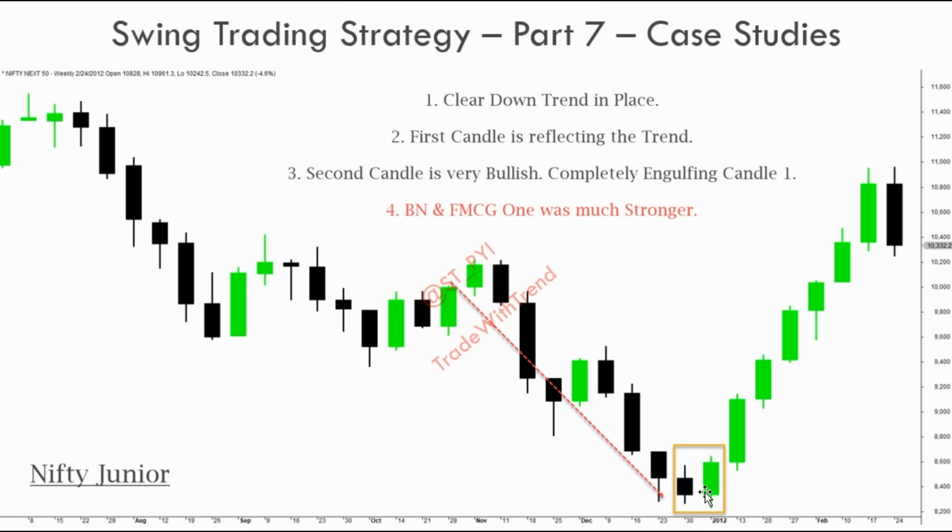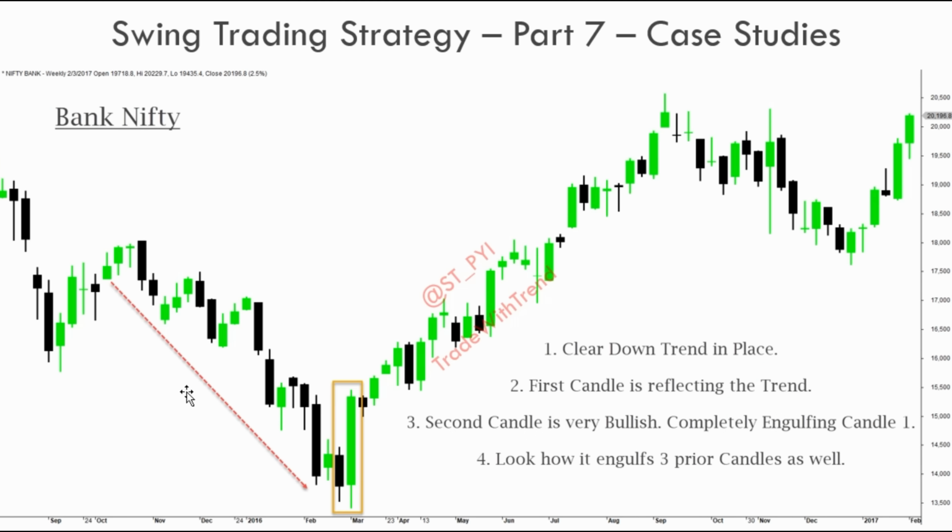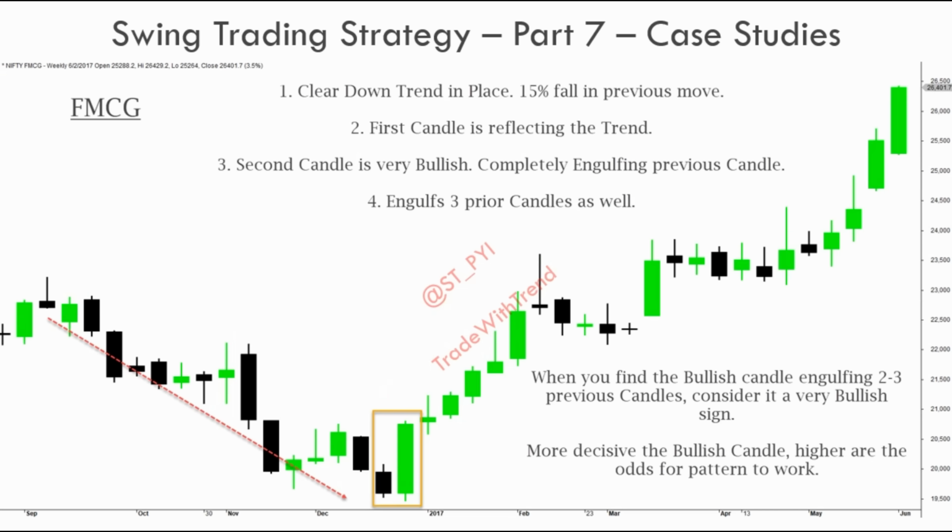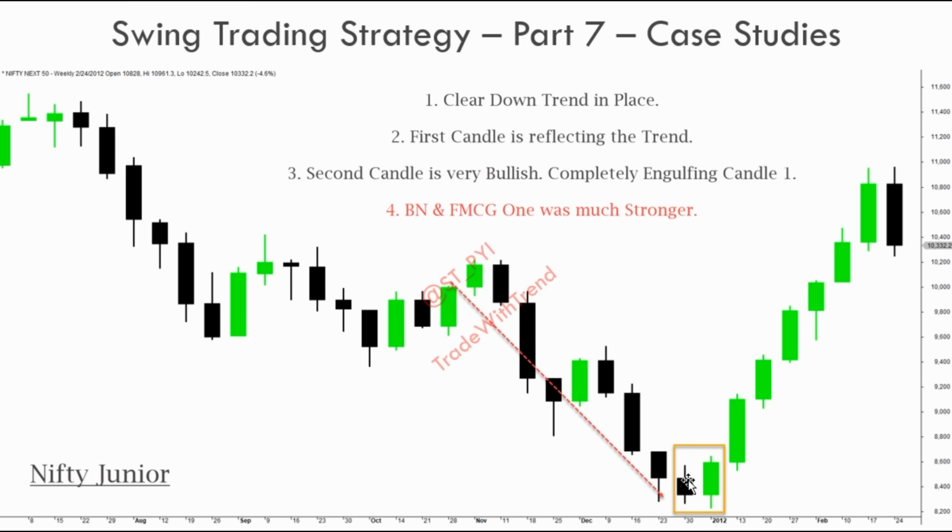Then the price opens here, it makes a high here, and this closes above the high of this previous candle. Now this particular pattern is not as bullish as what we saw in Bank Nifty, or for that matter FMCG as well, but it overall signifies the shift in momentum that has happened from sellers to buyers, which is why this pattern should have been traded on this chart also.